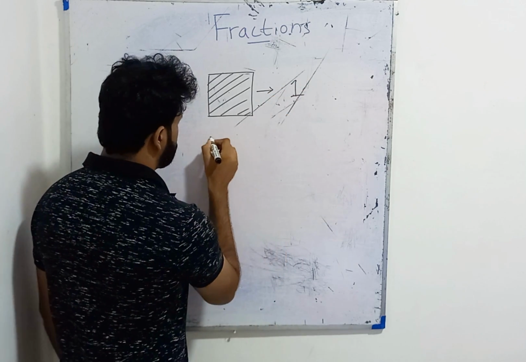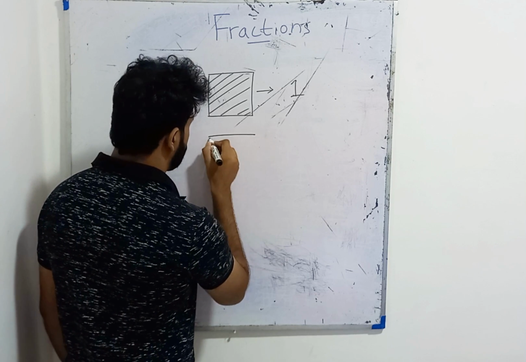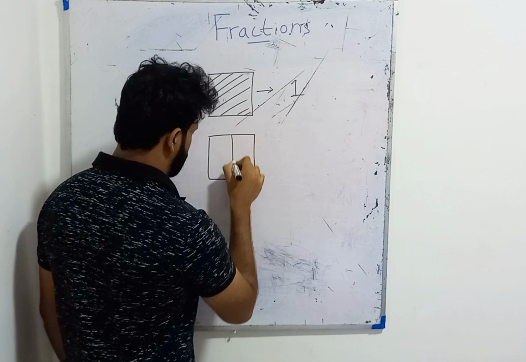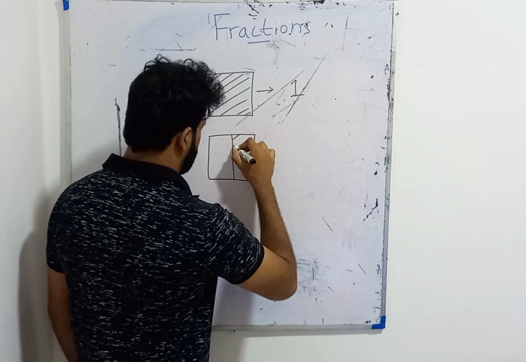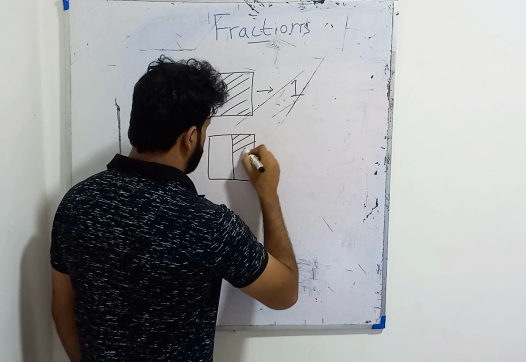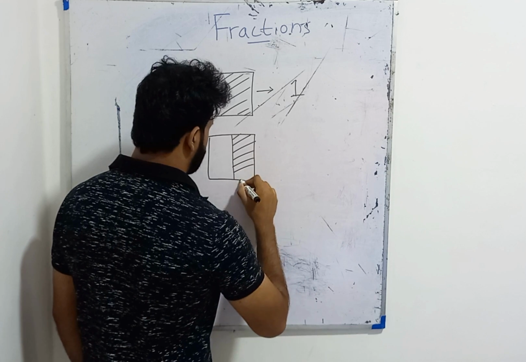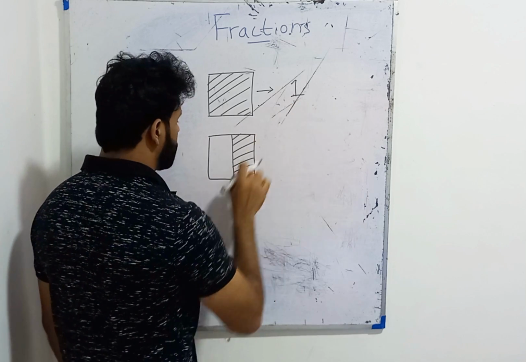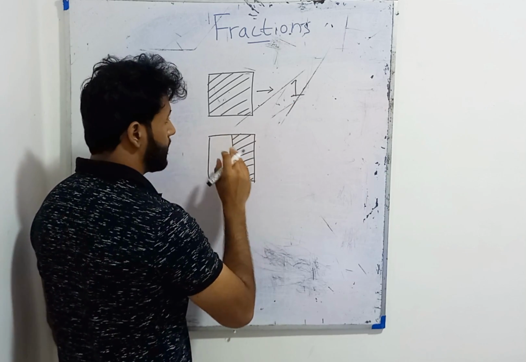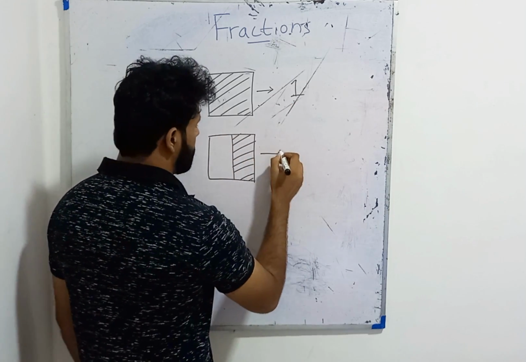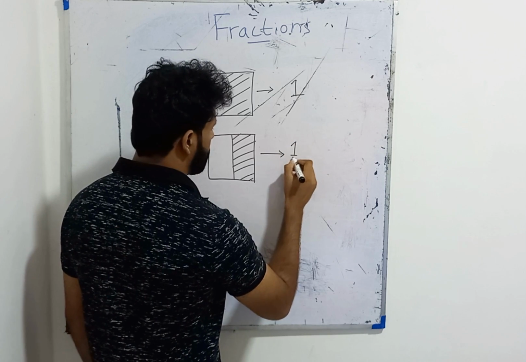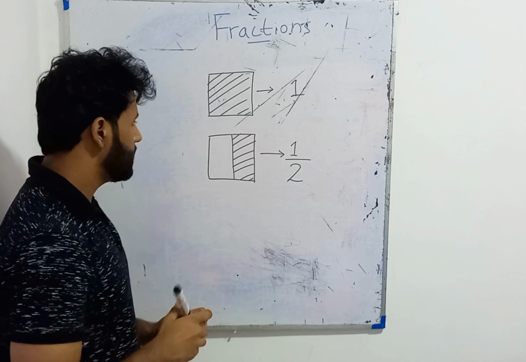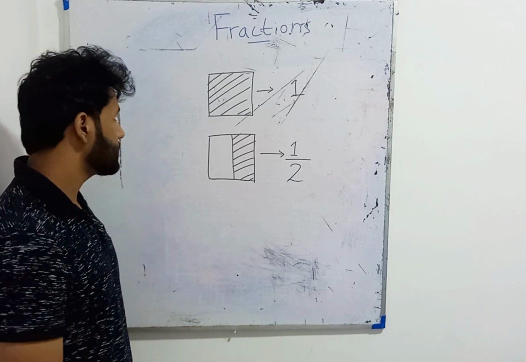What if I divide that into two parts, then shade one part out of it? Now there are two parts, and one is shaded. So that's going to be 1/2. This is basically how we consider fractions.